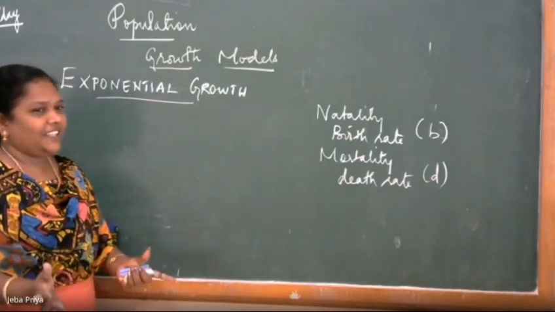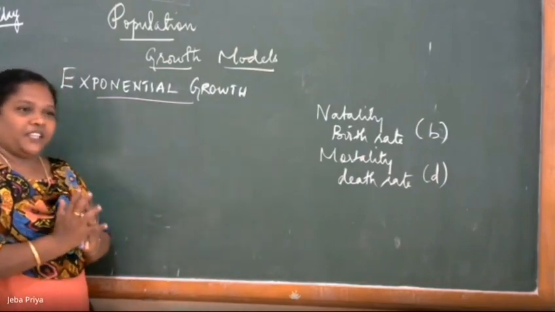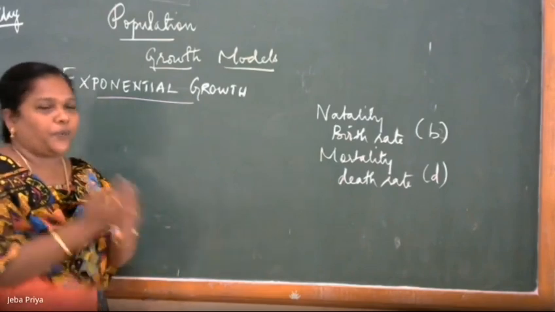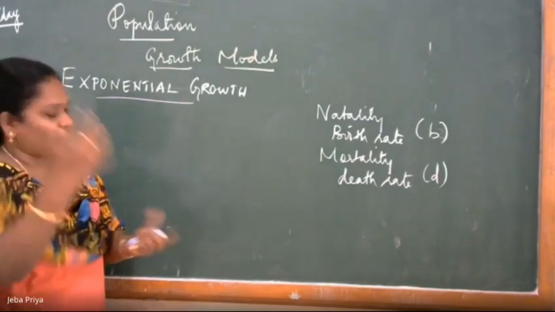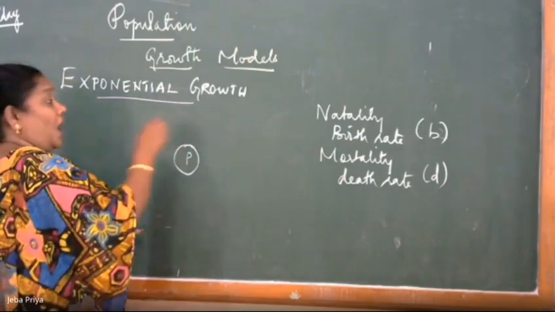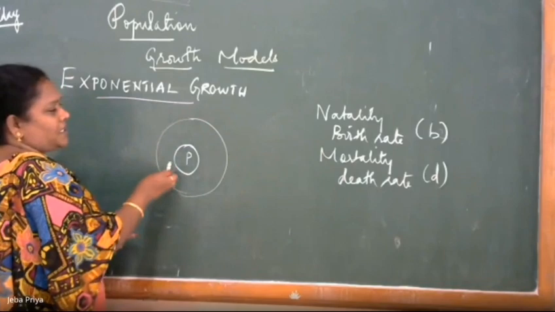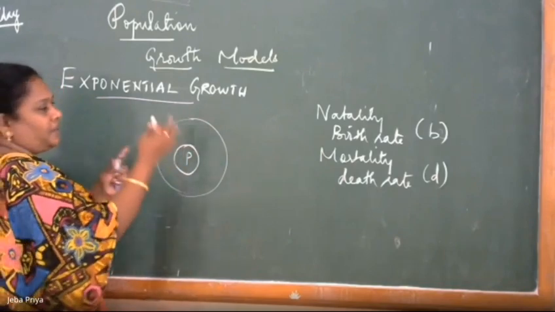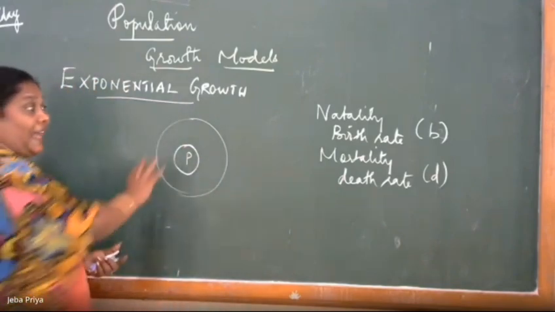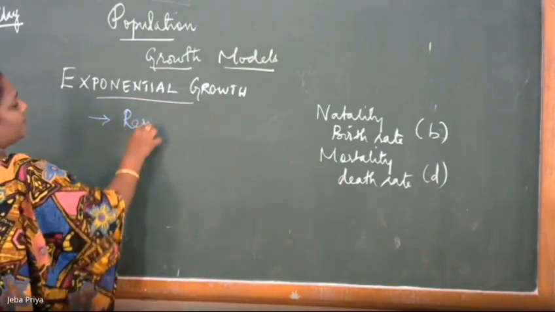The number of individuals in a group is the population. For example, if this is the population, the resources beyond it are more: water, food, shelter, space, air, everything. All the resources are unlimited compared to the population size.